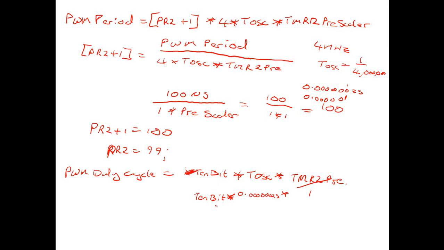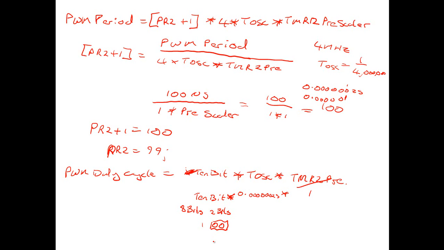But the thing is that this is made up of 8 bits and 2 bits. If we had a 0 and a 0 in the 2 bits and then a 1 over here, that would effectively amount to multiplying by 4.